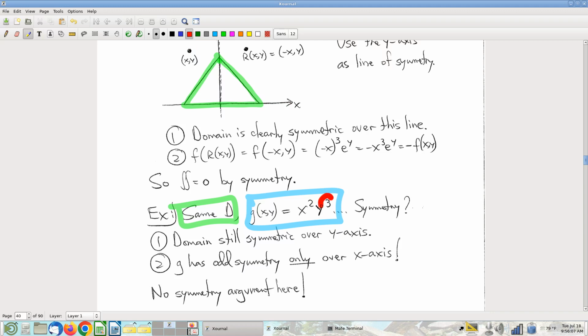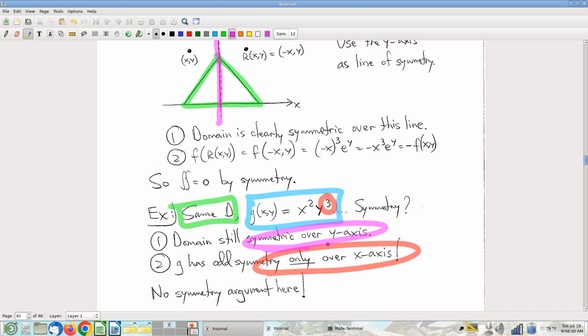You do see this 3 here. That does make you think that this is an odd function. And it kind of is odd. It's just that it's only odd over the x-axis. Whereas this domain here is symmetric only over the y-axis.